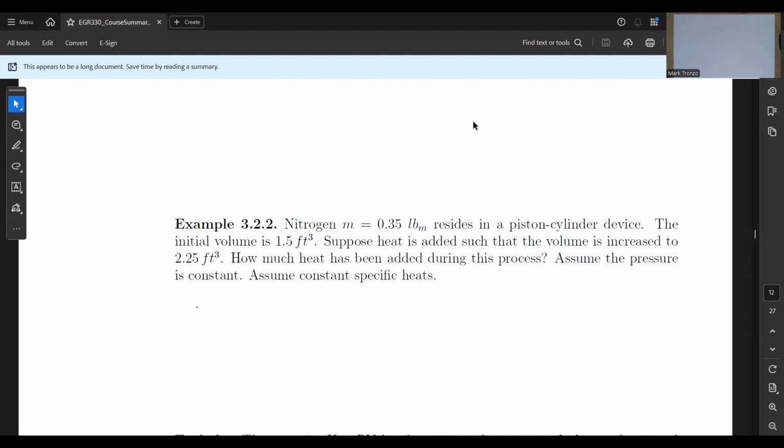How much heat has been added during the process? Assume the pressure is constant and assume constant specific heats. So we're starting out with 1.5 cubic feet volume and heat's added to bring it to 2.25 cubic feet. And we need to find the heat added.